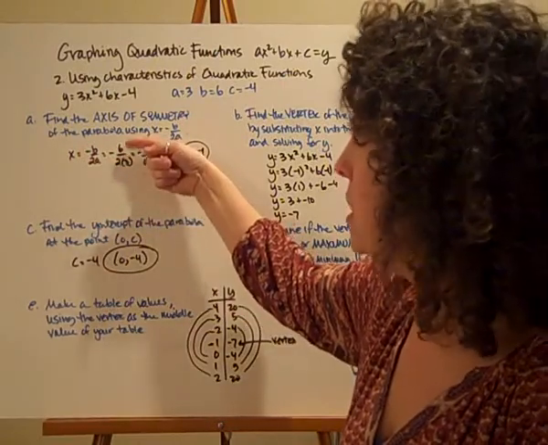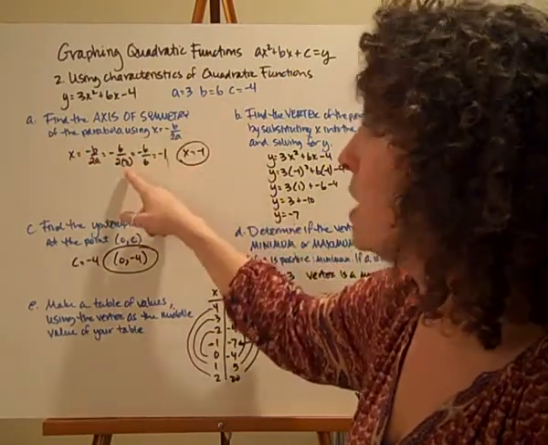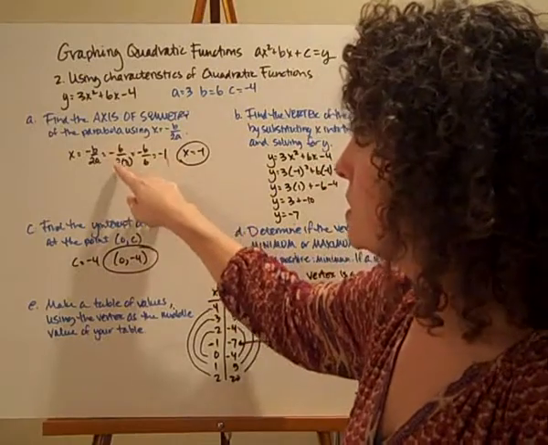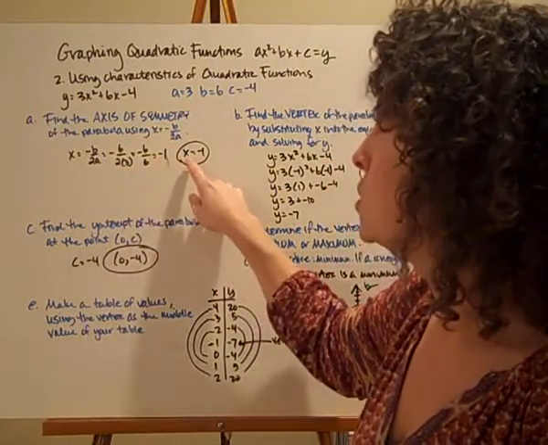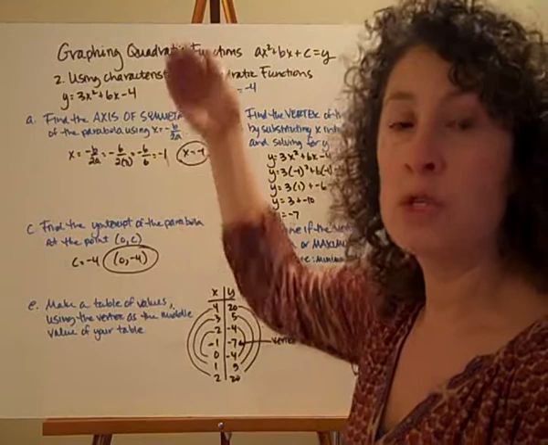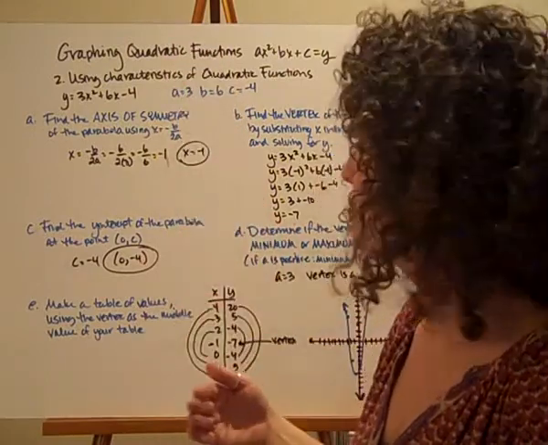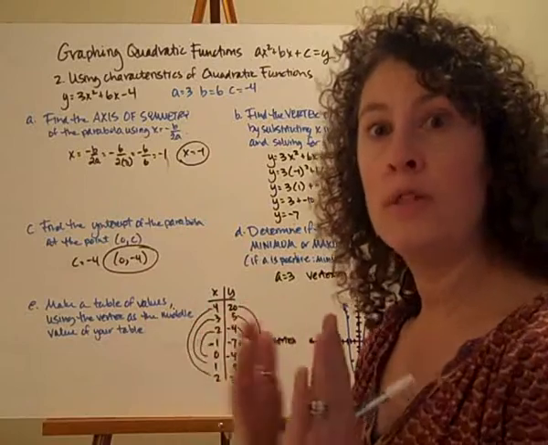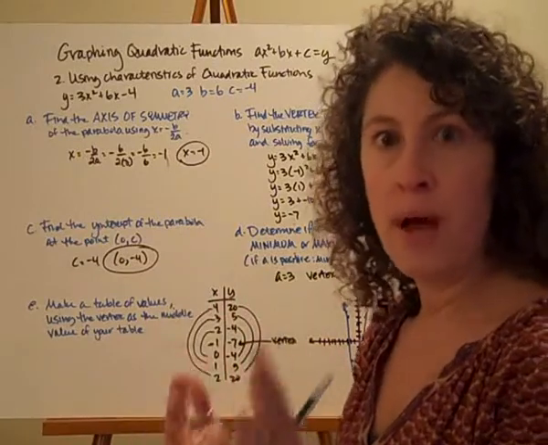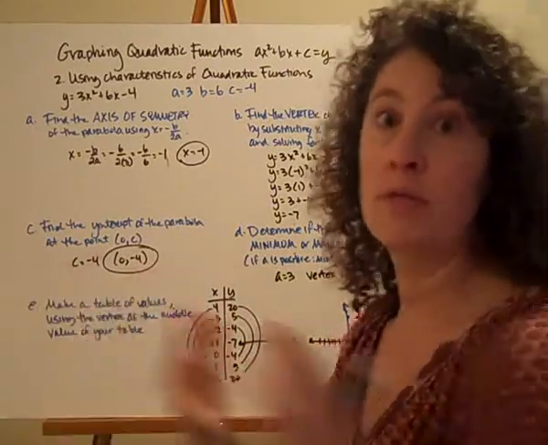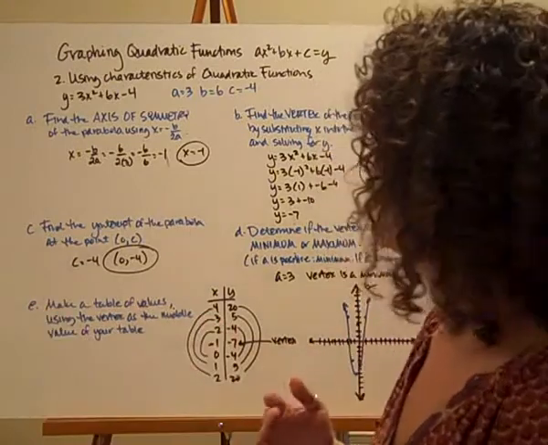I'm going to plug in my b, which was 6. I'm going to plug in my a, which was 3. I'm going to simplify this, and I get negative 1. So the equation x equals negative 1, which is a vertical line. That's the axis of symmetry. So that tells me where on the x-axis the middle of my parabola is. So I don't need to guess where it is on the x-axis.